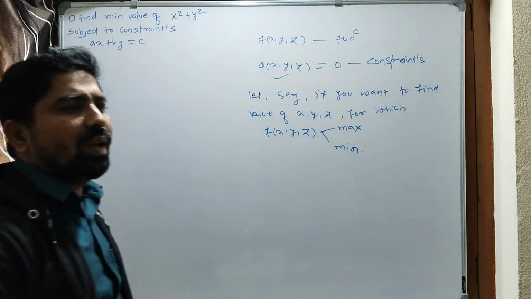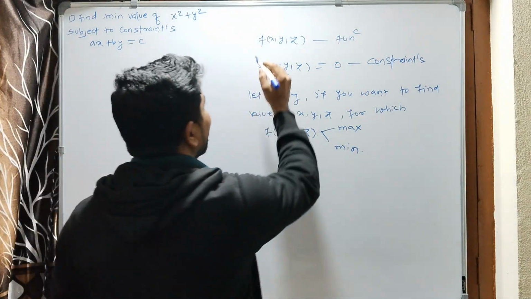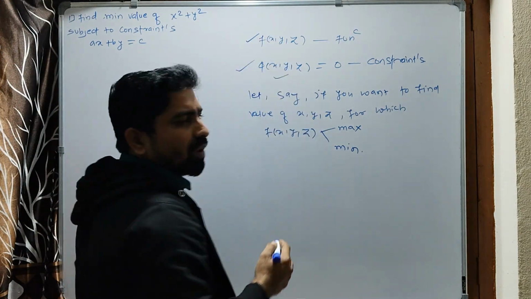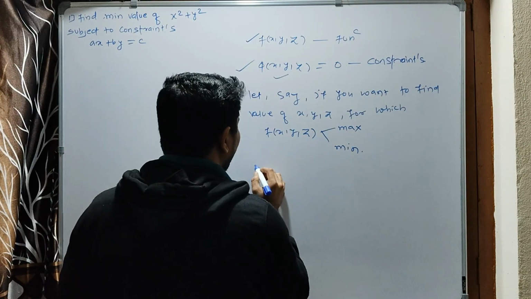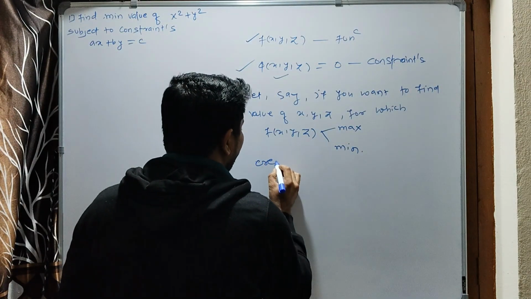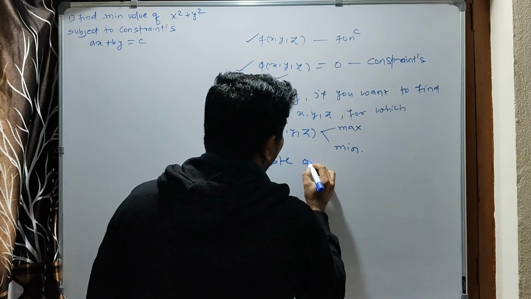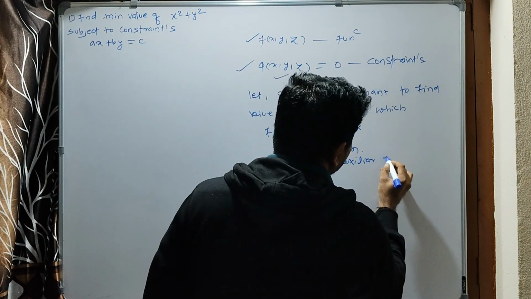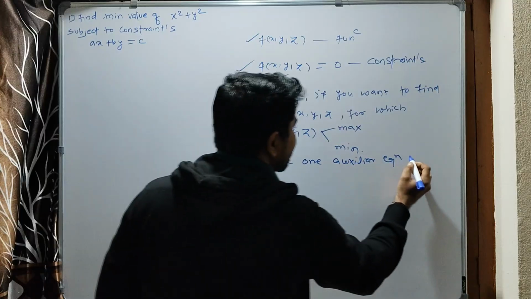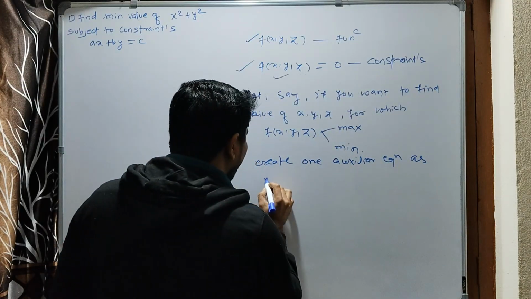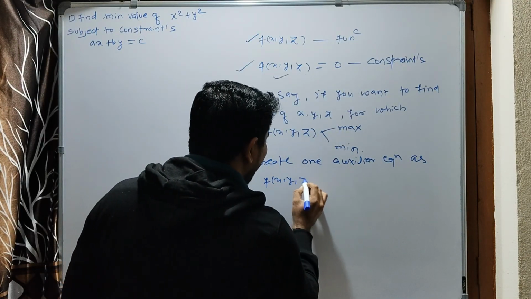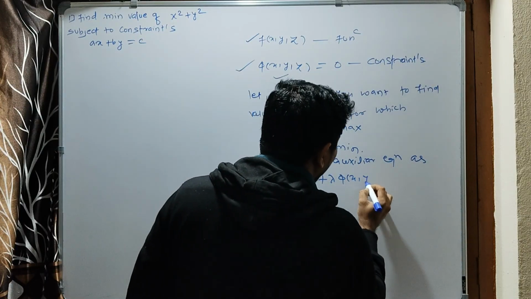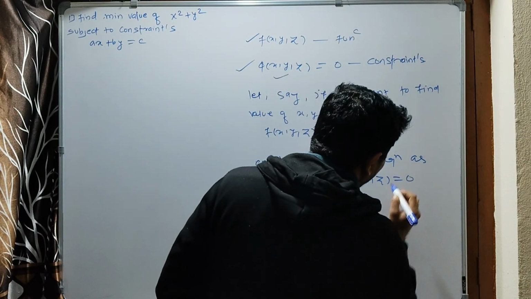Let's say we create one auxiliary equation as f of x, y, z plus lambda times phi of x, y, z, which is equal to 0.